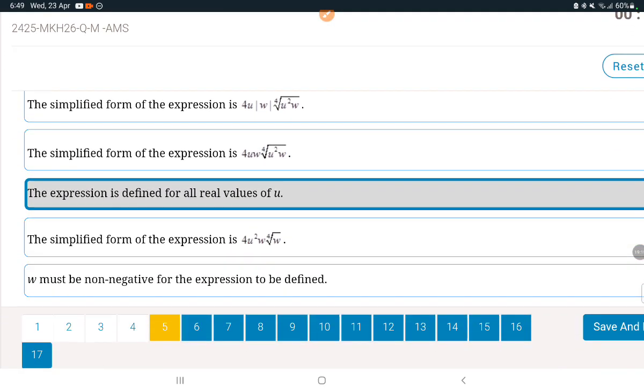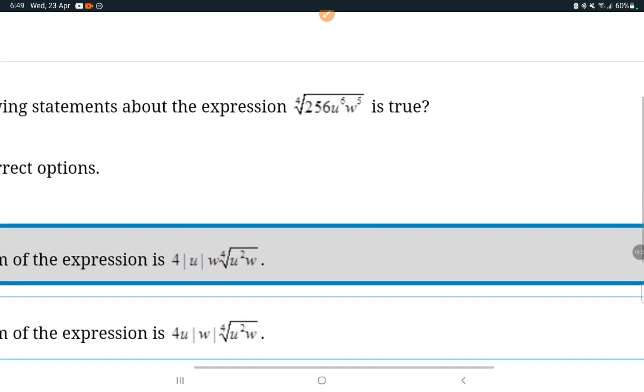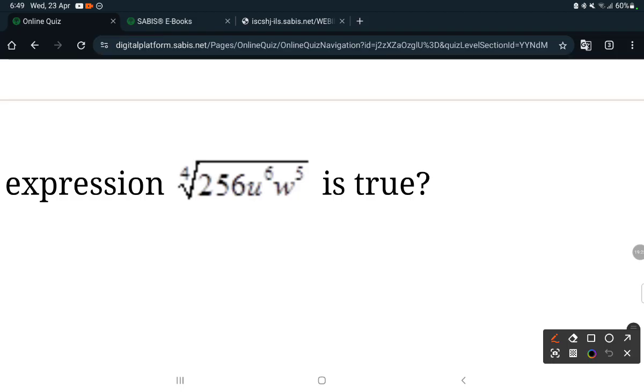Okay. w must be non-negative for the expression to be defined. Let's see. So, w is odd, because it's to the power of 5.